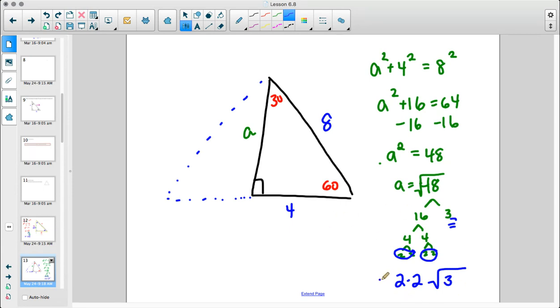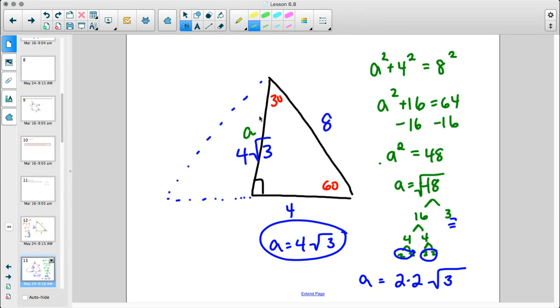And so what I notice is a will be 4 times the square root of 3. Okay, so 4 times the square root of 3. So if you have a look at this, whatever this leg is, this leg, the longer leg, will always be that leg times the square root of 3.